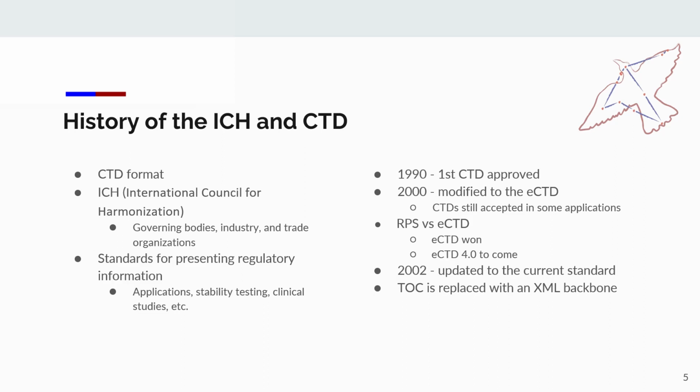At the start of this process, there were two options to choose from: eCTD and another called RPS, or Regulated Product Submission. As this presentation will show, eCTD won the decision. However, RPS has now resurfaced as a newer process described as eCTD 4.0, which should come into circulation within the next few years.